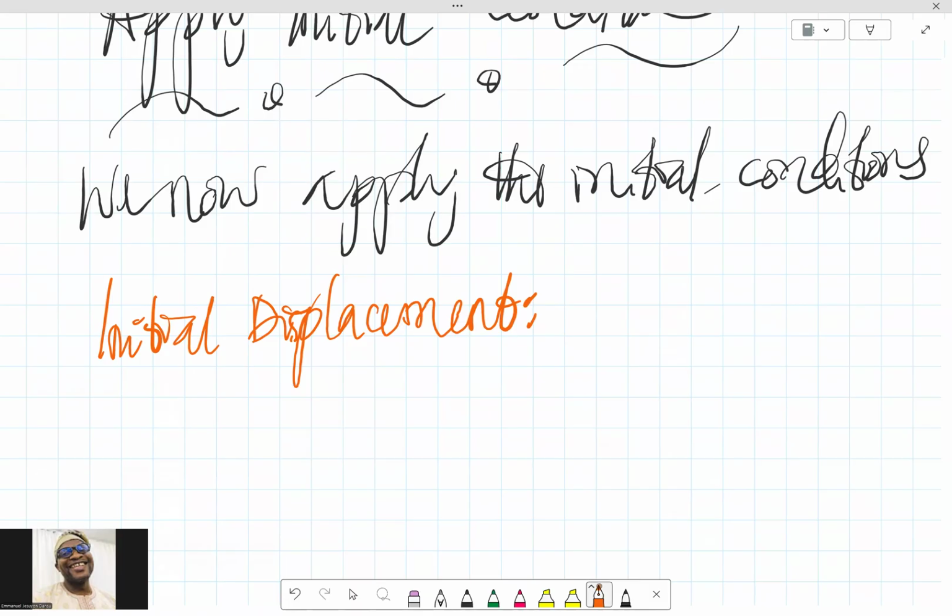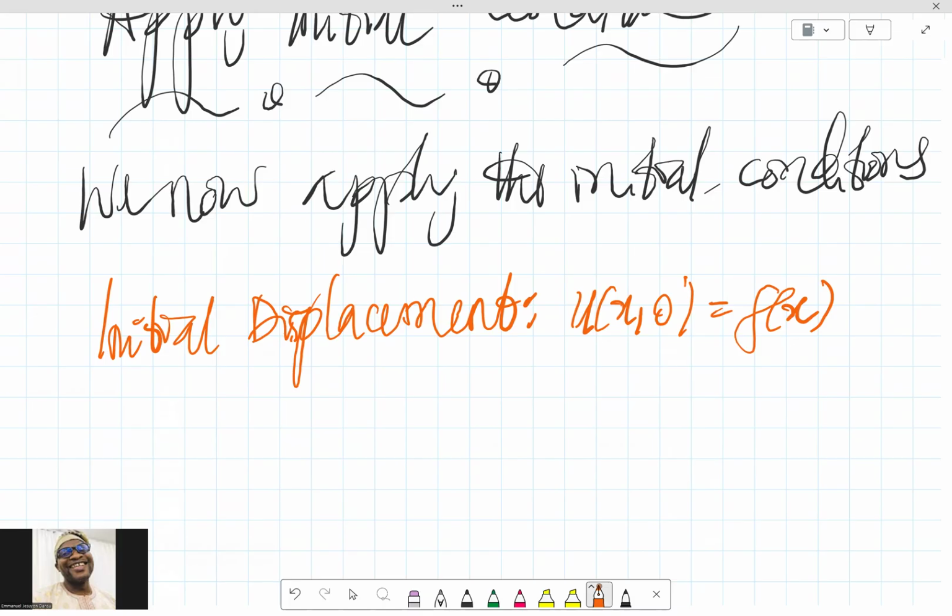So the initial displacement is what this first initial condition accounts for. This is u(x,0) equals f(x).